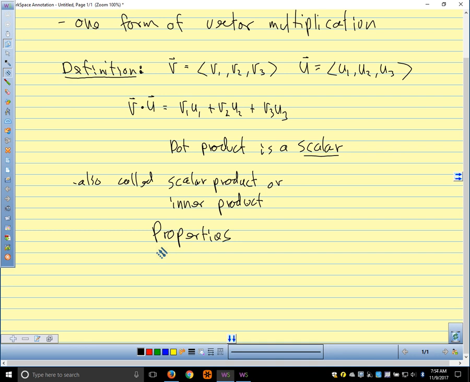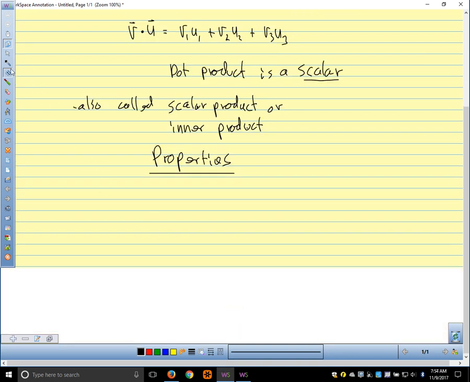So, properties of the arithmetic of dot products. Dot product commutes. So U dot V equals V dot U. Not everything commutes. We're used to everything commuting, but not everything does. Dot product does, though. We can distribute a dot product: U dot (V plus W).